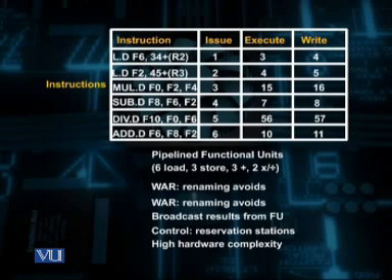Similarly, for write after write hazards, Tomasulo uses renaming, whereas the scoreboard approach uses stall. The other major difference is that Tomasulo uses broadcast results from the functional units, whereas the scoreboard uses the read-write registers. And the control of Tomasulo is through the reservation stations, whereas in the scoreboard approach, it is centralized inside the scoreboard.